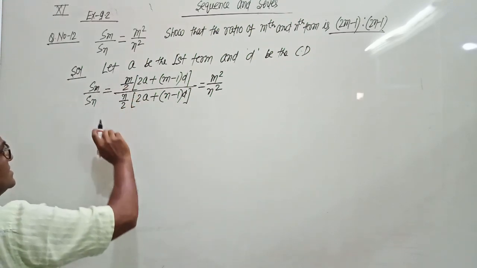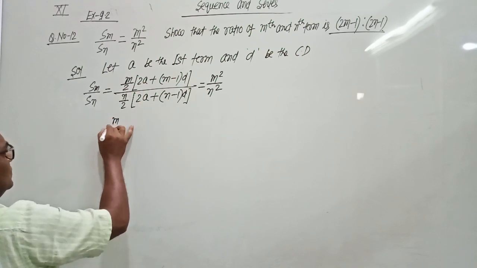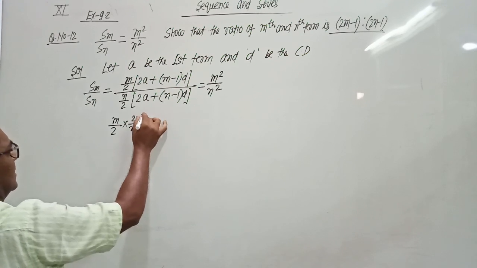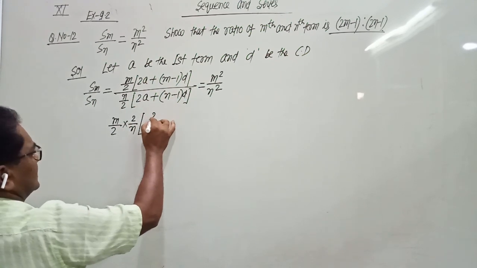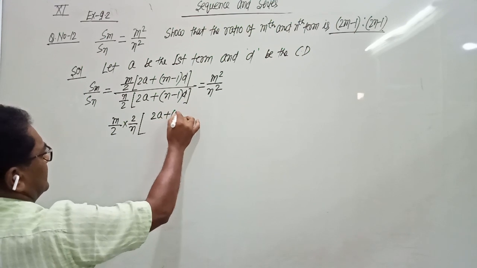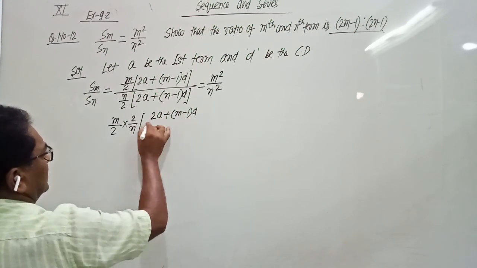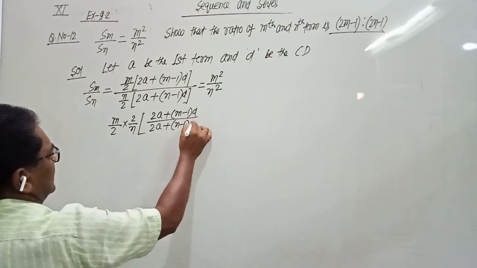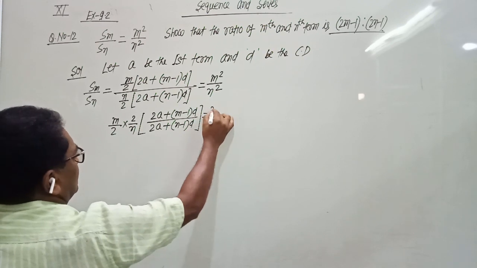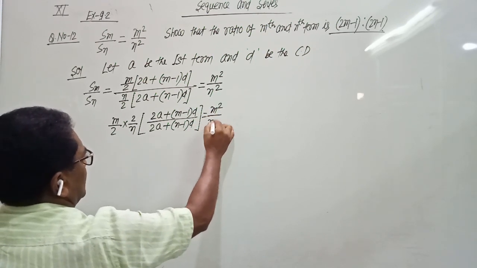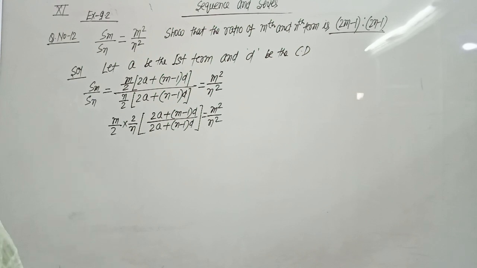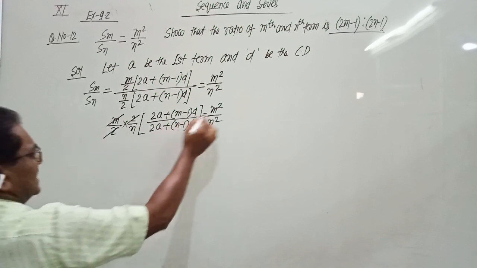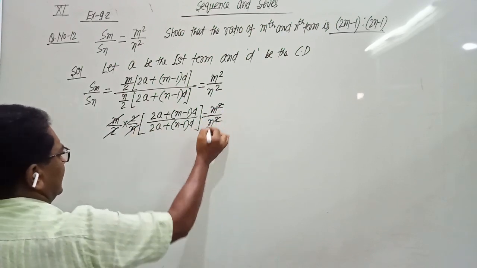So we have m by 2 into 2 by n, and 2a plus m minus 1 into d upon 2a plus n minus 1 into d equals m square upon n square. 2 cancelled, m cancelled and n cancelled.